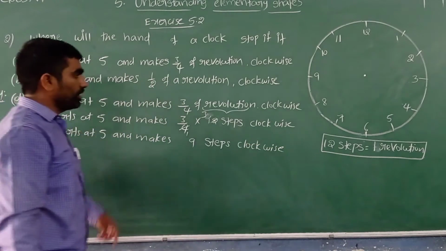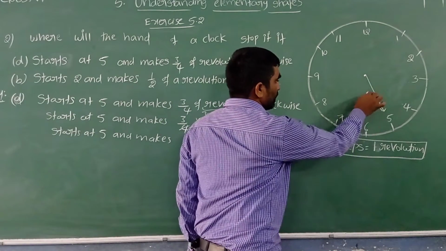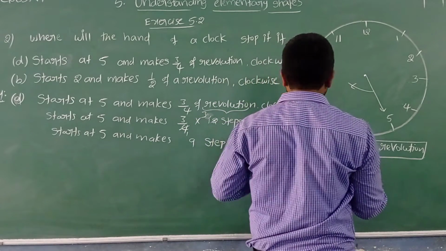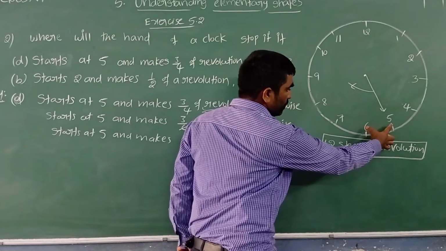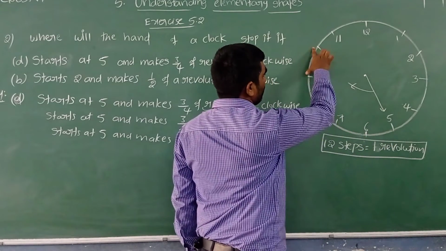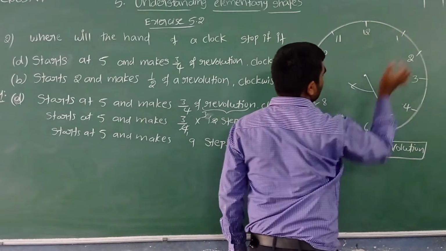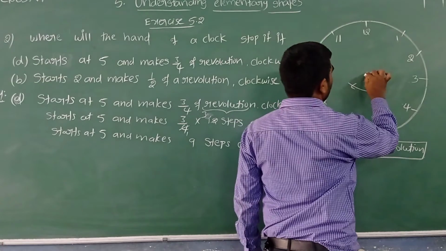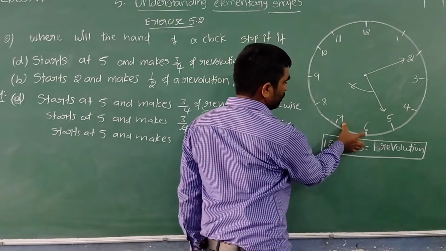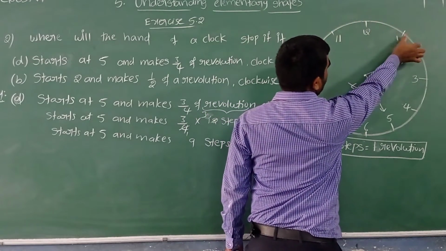Yes, we start at 5 and we turn in the clockwise direction like this. How many steps? 9 steps. Let's count the number of steps: 1, 2, 3, 4, 5, 6, 7, 8, 9. So it will stop at 2. See over here, 1, 2, 3, 4, 5, 6, 7, 8, 9.